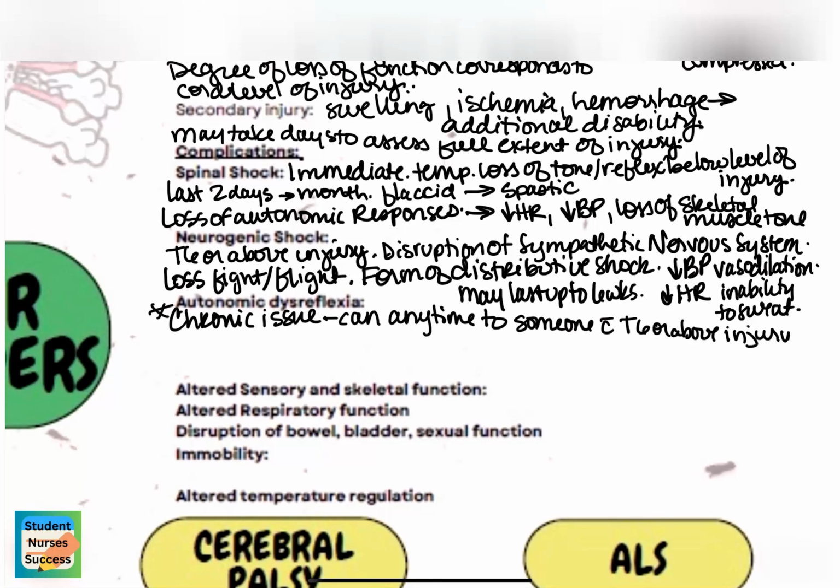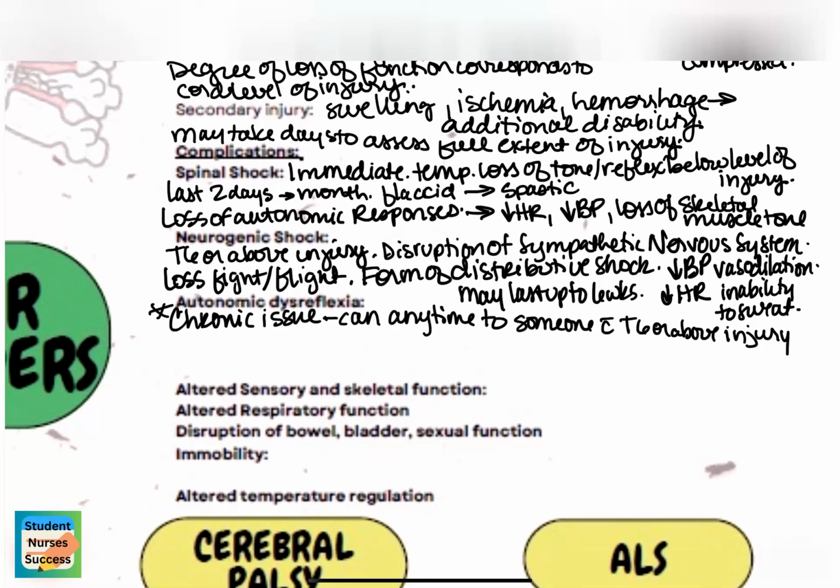So it could happen right away, maybe within days of their spinal cord injury, or it could happen 20 years after. It can happen anytime during their lifetime after they've had a T6 or above injury.